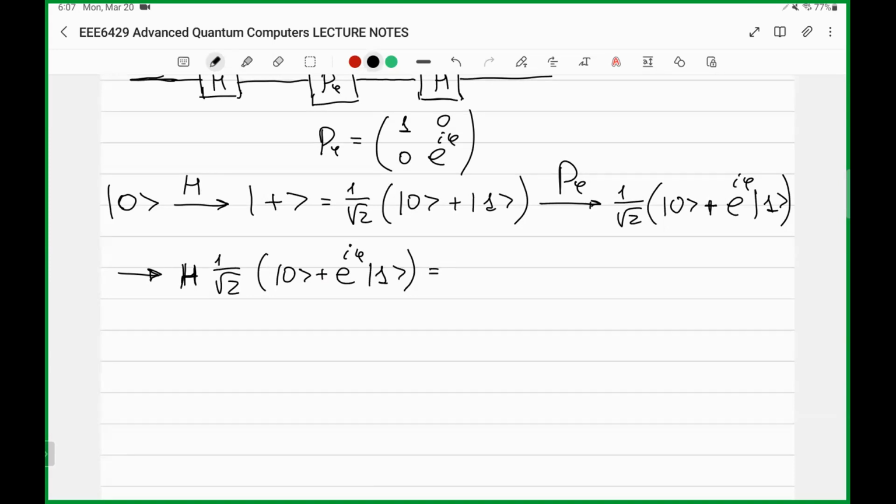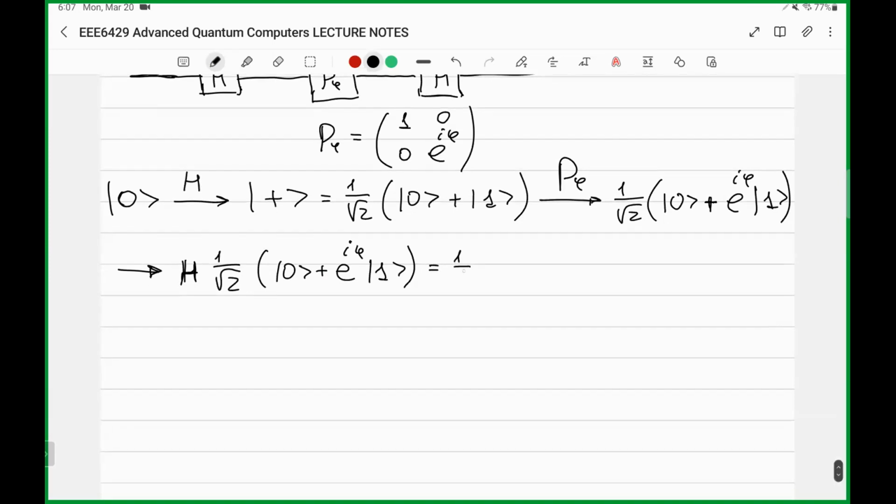So when I apply Hadamard to state 0, it creates state plus. And the Hadamard itself gets this 1 over square root of 2 factor, so I have 1 over 2, right?